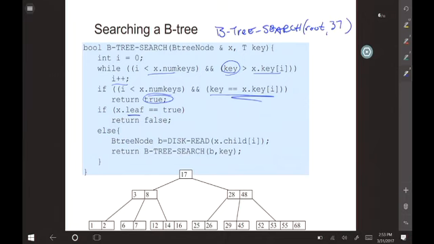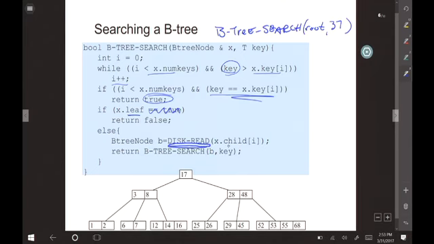I really don't like this code because it could be this, right? Otherwise, we're going to keep looking for it. Where are we going to look for it? Well, we're going to go get on disk the ith subtree.